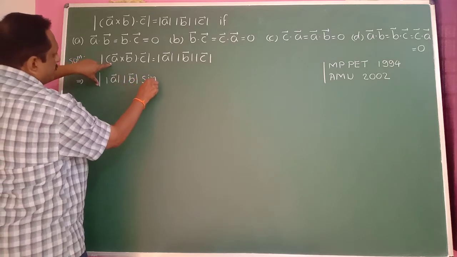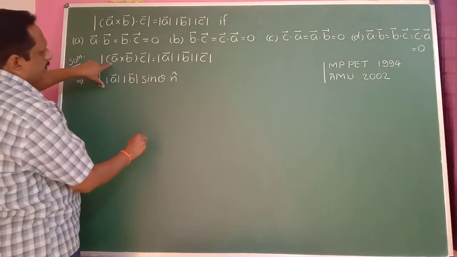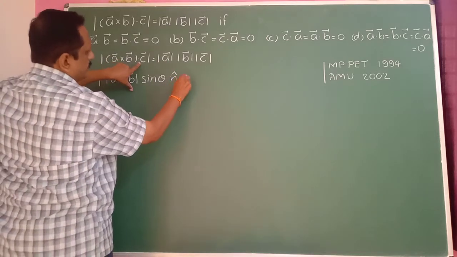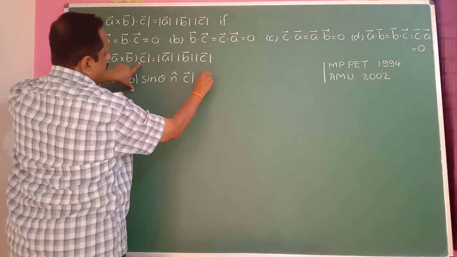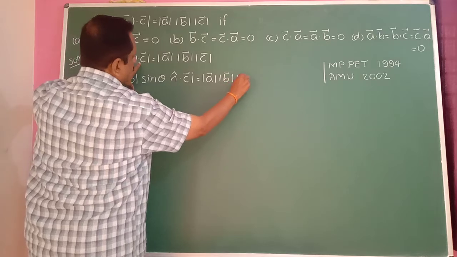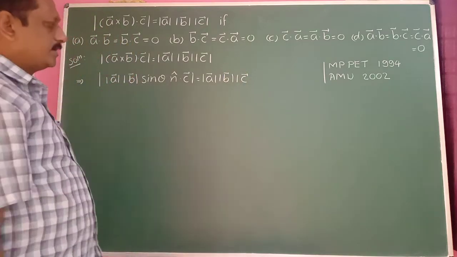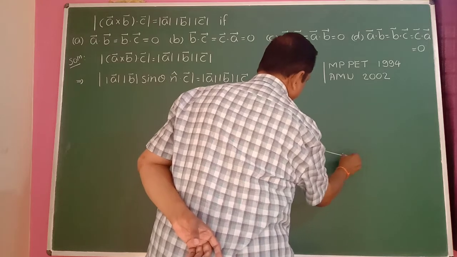sin θ into n cap, dot C bar, as it is here. That is equal to modulus of A bar into modulus of B bar into modulus of C bar here. Okay, here two vectors are there, A bar and B bar.